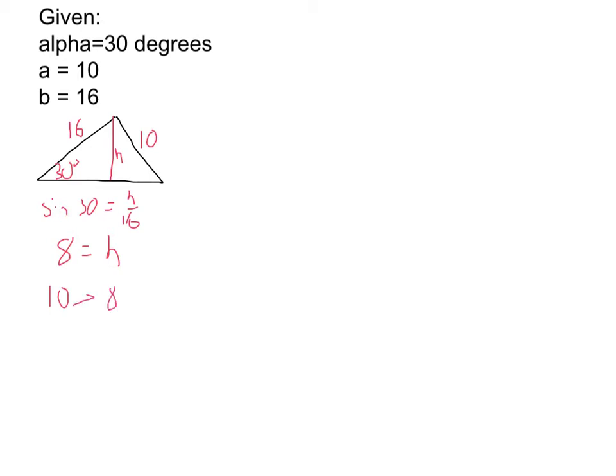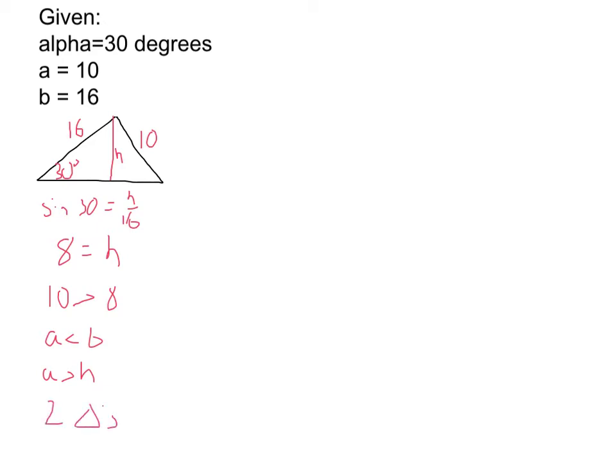So because A was less than B, but also A was greater than h, in this case we have two triangles.